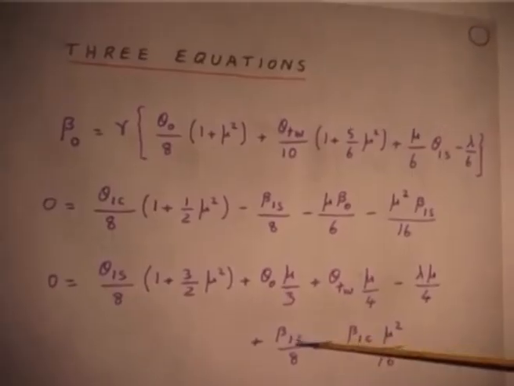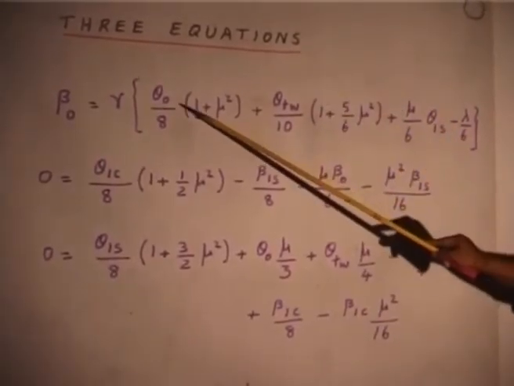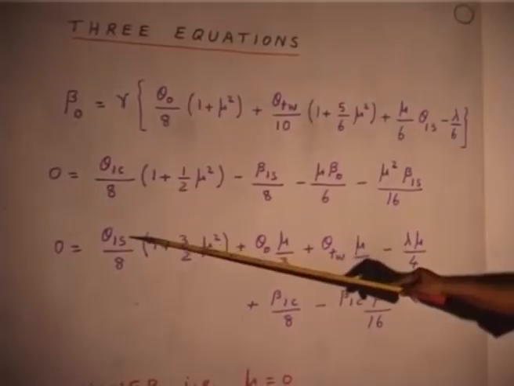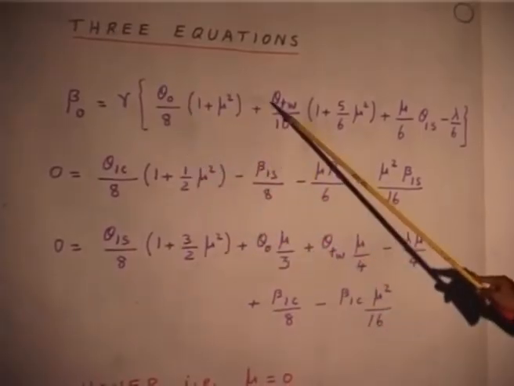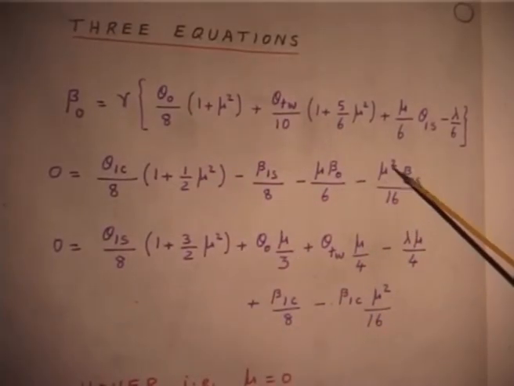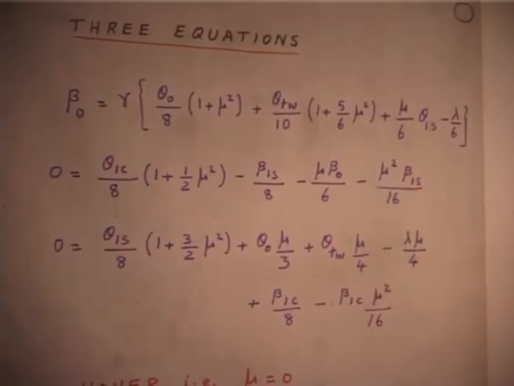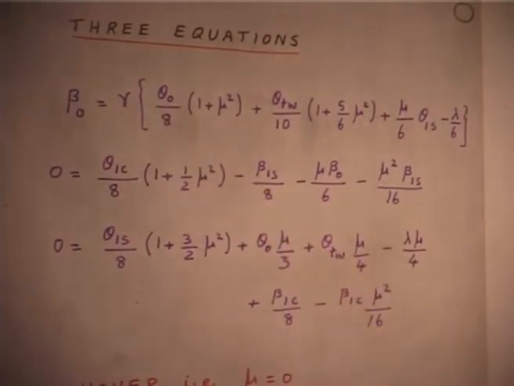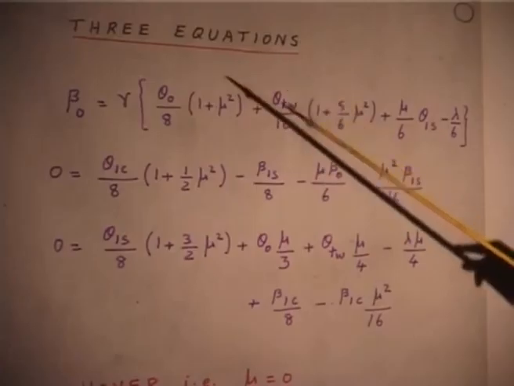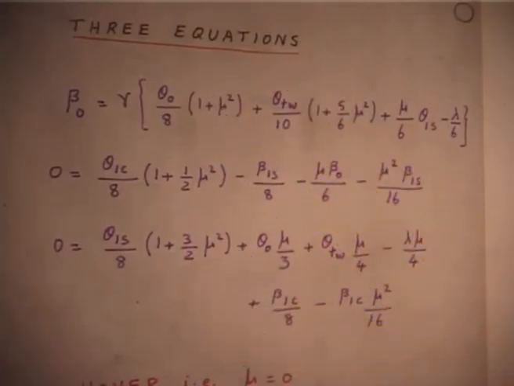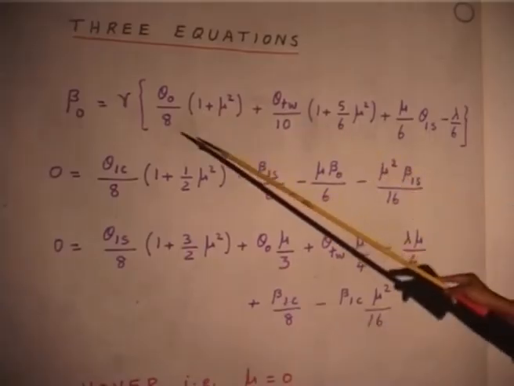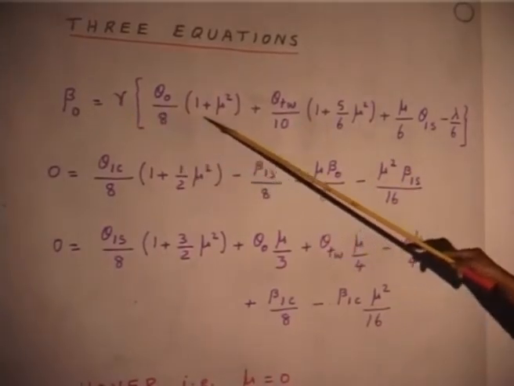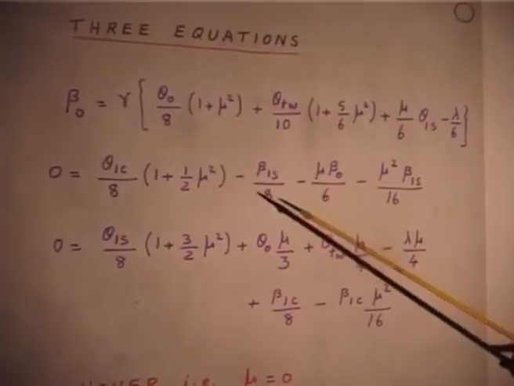And 3 equations, I know theta 0, theta 1c, theta 1s. These are my input, theta twist I know, and what is the forward speed I know. Only thing is gamma I know, gamma is Lock number. If you know theta naught, theta 1c, theta 1s and the operating condition, I can get from these 3 equations beta naught directly, because there is no coupling.